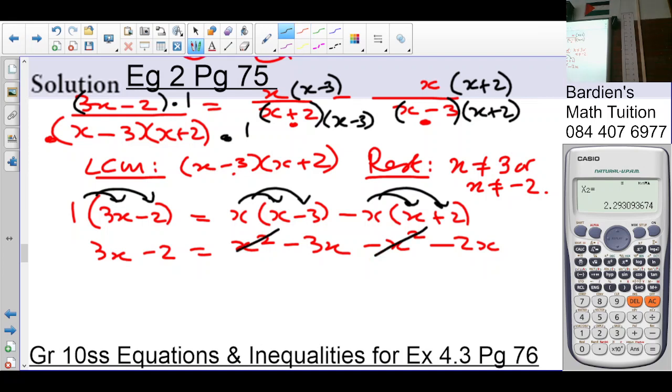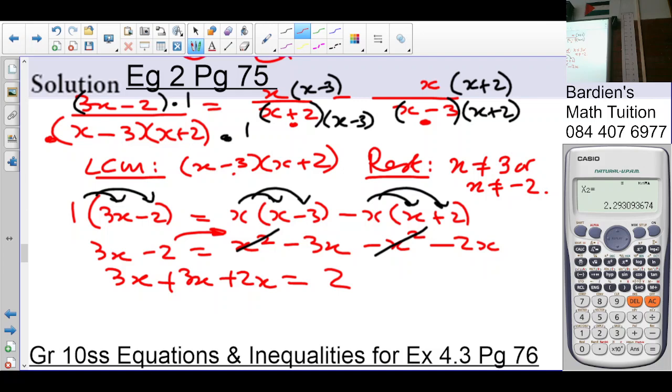So that cancels. So what do we do? x's on one side, numbers on the other side. So we're going to keep 3x here, plus 3x, plus 2x is equal to, not negative 2, positive 2.